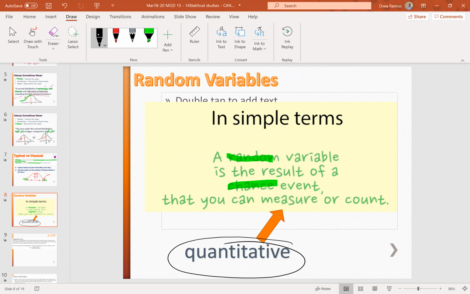For example, if you're selling some chocolates, each customer will buy a varying number of chocolates. Those are random variables because you don't know how many a person would buy. Only that person would know. So it's kind of like random.